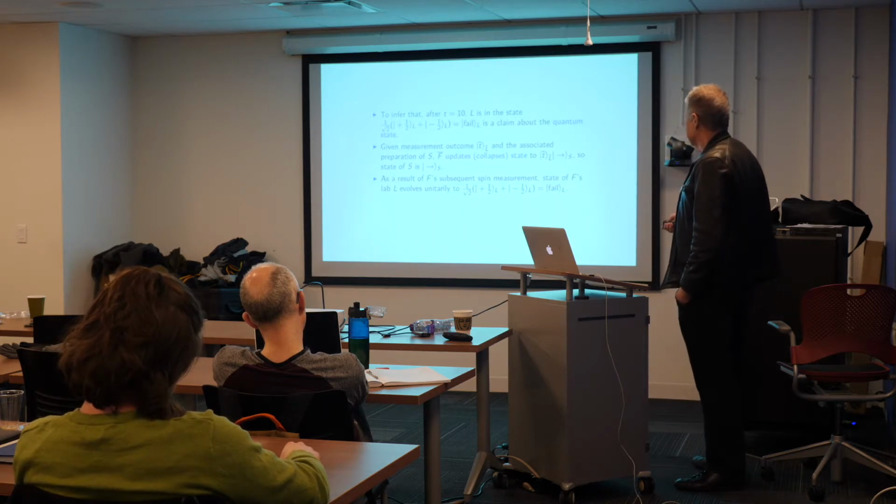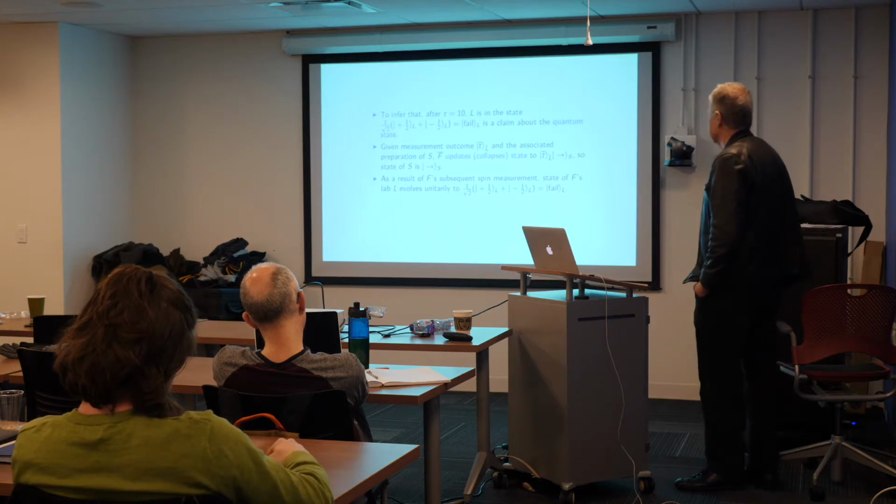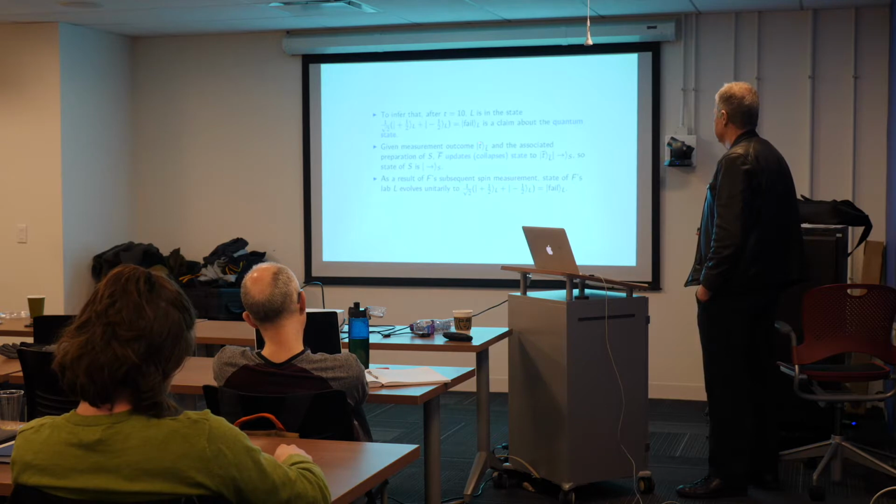This is a claim about the quantum state, and the way in which the inference goes is, given the measurement outcome of F bar in her lab and the associated preparation of S, F bar updates or collapses the state to this. That is, I got T and I prepared this, and so the state of S is this.